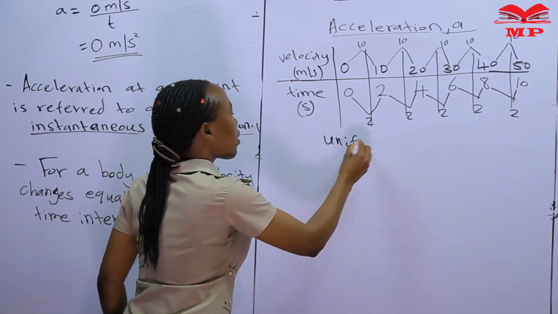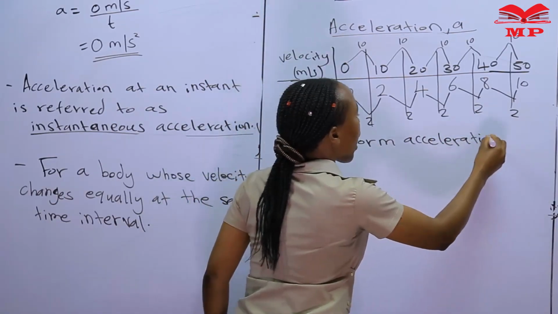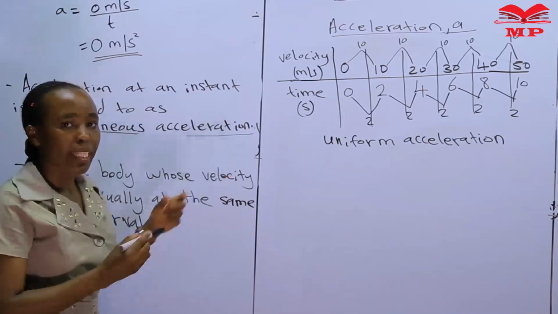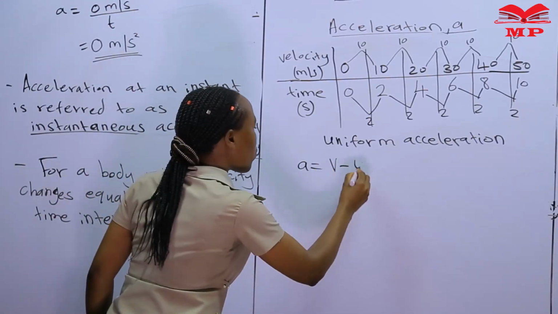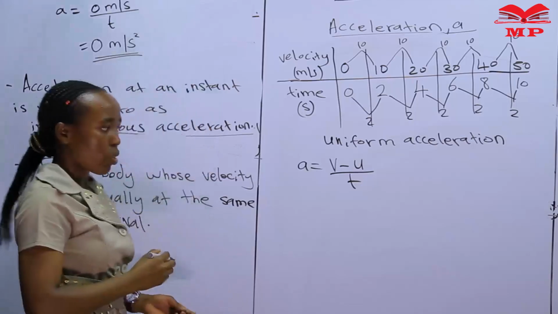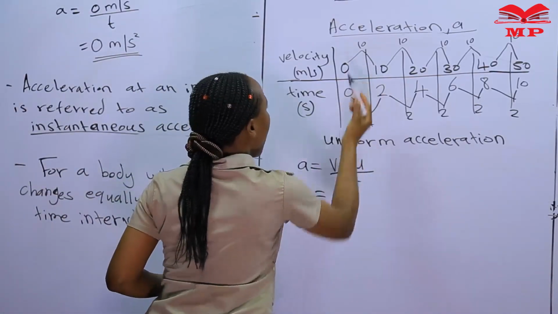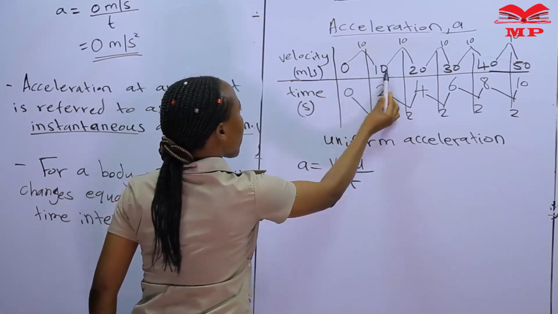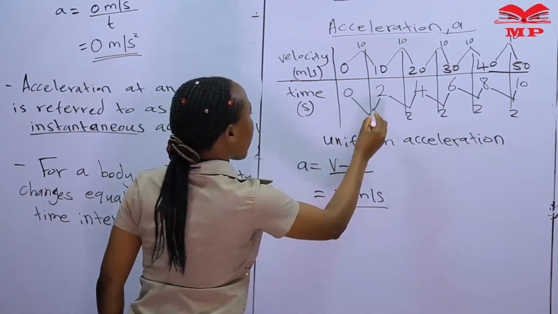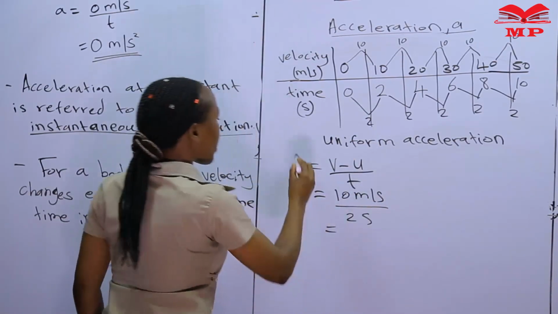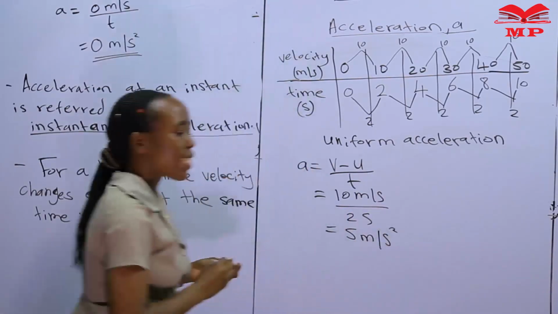We can calculate that acceleration, which we've said is the rate of change in velocity. At this point, the change in velocity is 10 minus 0, which is 10 meters per second, and the time is 2 seconds, and therefore our acceleration is 5 meters per square second.